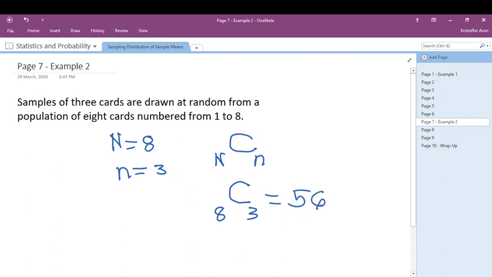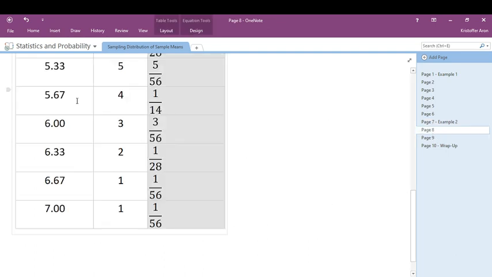That means you are going to list down 56 combinations of 3 numbers from 8 cards numbered 1 to 8. We're going to skip that part because it will take a lot of time, but this is a summary.